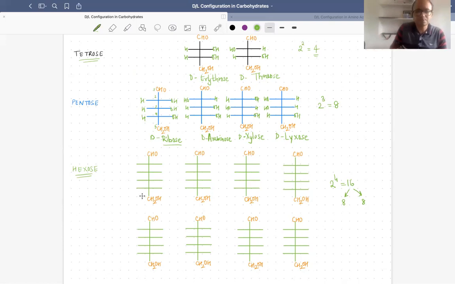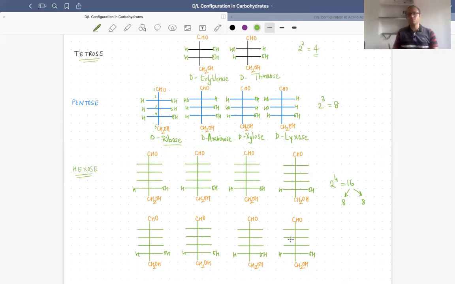So I'll draw them, all of them D form. The lowest chiral center, or lowest stereocenter, which is more appropriate terminology nowadays, would have the OH on the right side. That is what you have to remember. That configuration decides whether it is a D or an L configuration.